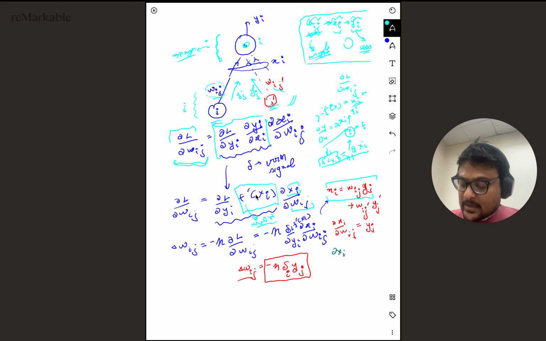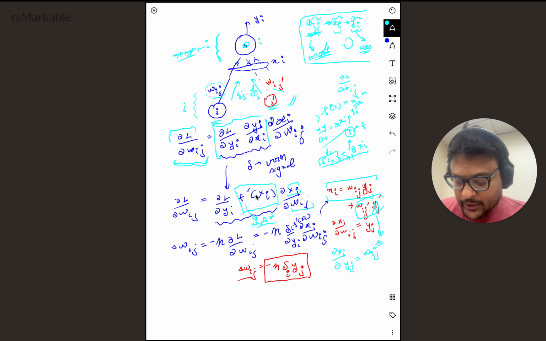Del Xi by del Wij will become Yj, and the second part of the expression will cancel out and become 0, because we are only computing the change of Xi with respect to Wij, and at that time Wij dash remains constant.